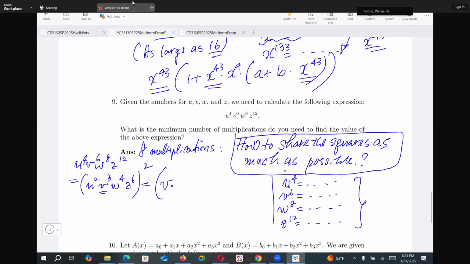If we take out one V, then all of them have even exponent. Then the remaining we can do second round square sharing. So U V W square Z cube, second round square sharing, right?